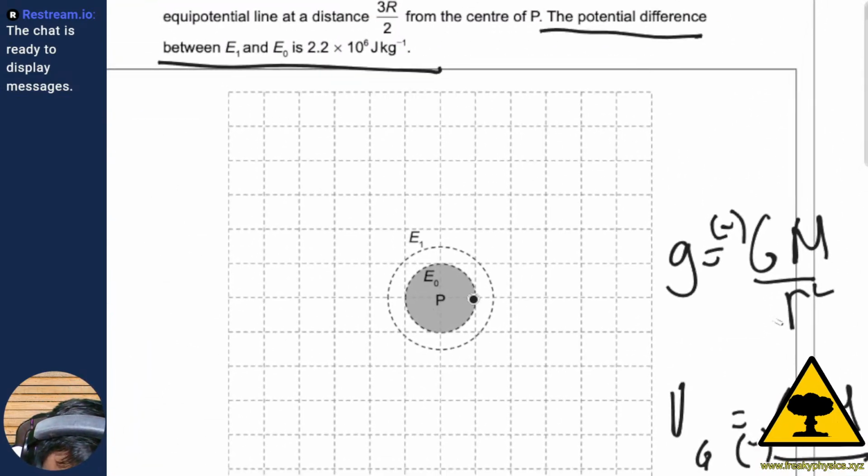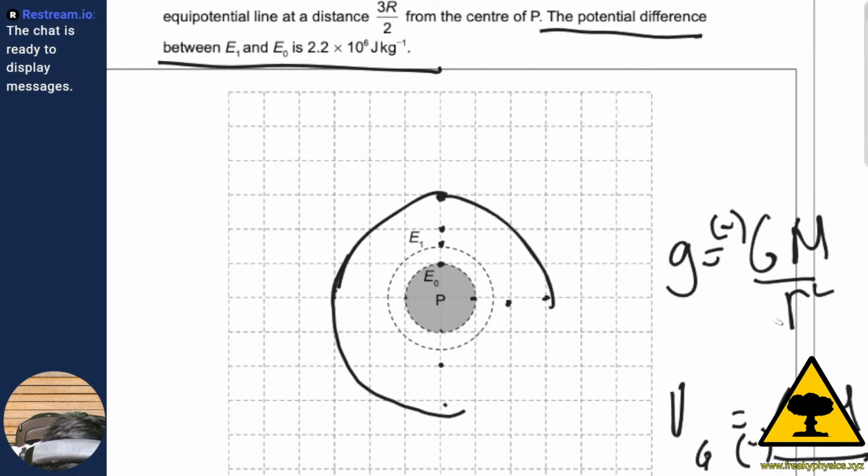So 1, 2, 3, 1, 2, 3. So you're just going to draw the circle that's a radius 3R around the planet, something like this. This should be accurate enough since this is going to be hand drawn.